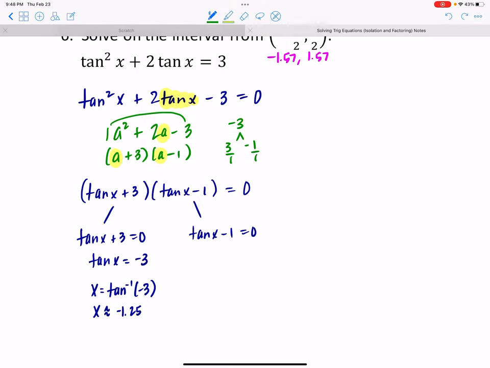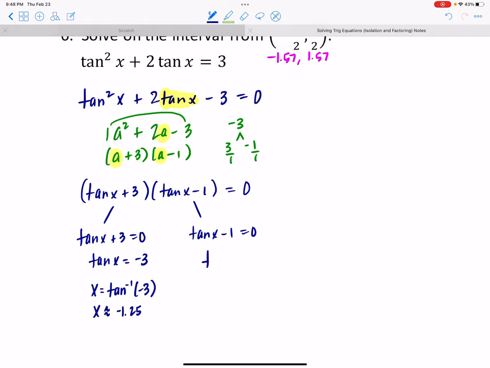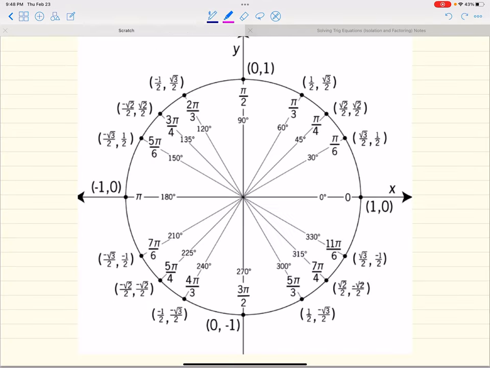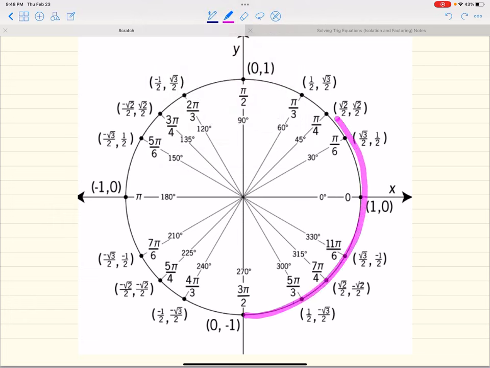On this one, I'm going to add the 1 over, so I'm looking for where my tangent is going to be equal to +1. Now remember, we're only in the interval from -pi/2 to pi/2. That's this interval here. Where in that interval is my tangent equal to +1?